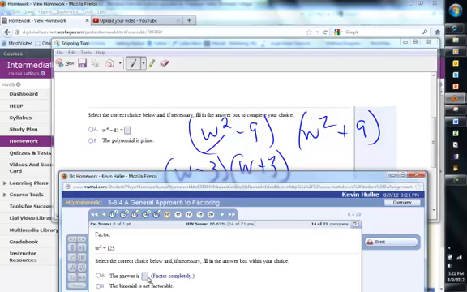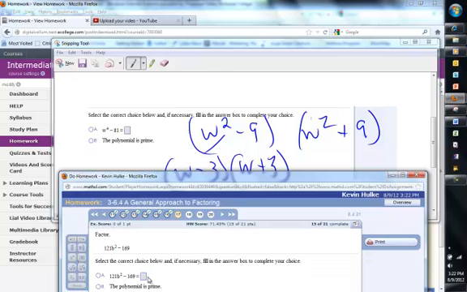Next one is a cube, parentheses w plus 5, take the cube root of both parts, w squared, square each of those, minus, you haven't used up your minus sign yet, so do it now, 5w, plus, last term squared, 5 squared is 25.